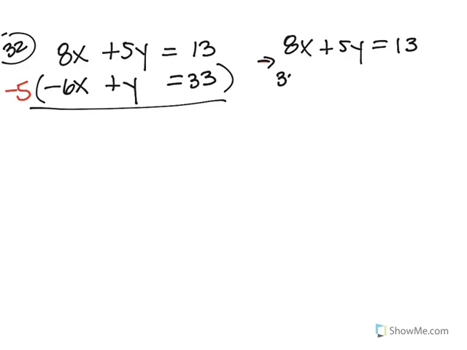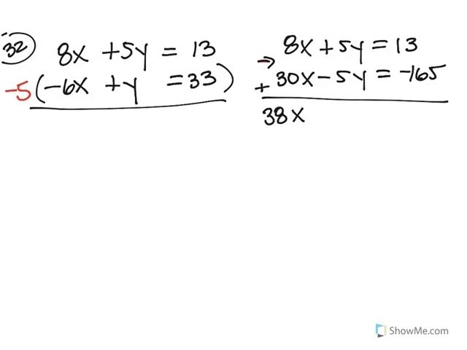But my bottom will change to 30x minus 5y equals negative 165. So when I combine, that would give me 38x. My y's are gone, and it's equal to negative 165 plus 13, which is negative 152.